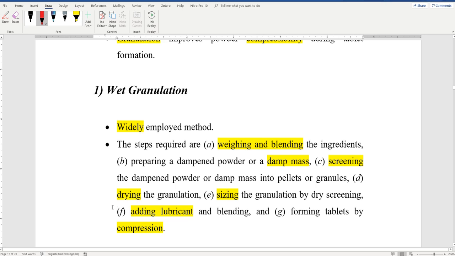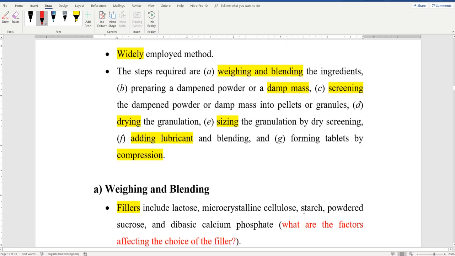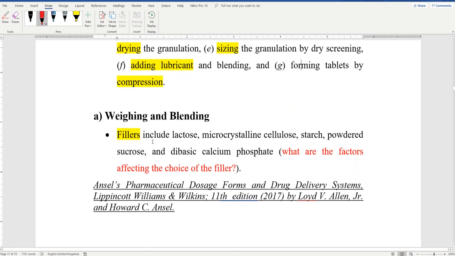Of course, if there is some disintegrating agent to be added, it will be added after sizing the granules, and the last step will be adding the lubricating agent, and then the process of compression. Regarding the diluents that we use, lactose is one of the frequently used diluents because it's compatible with almost all drugs.